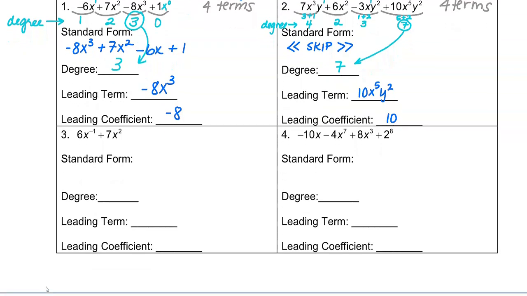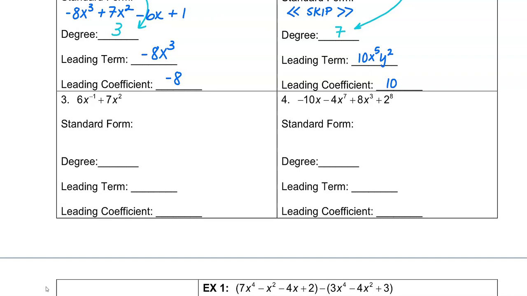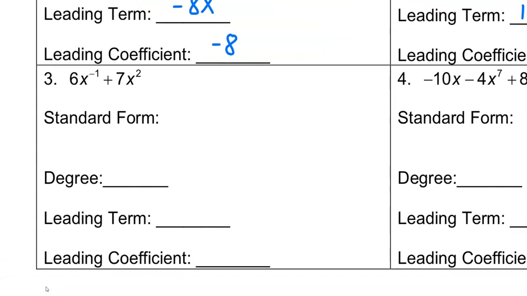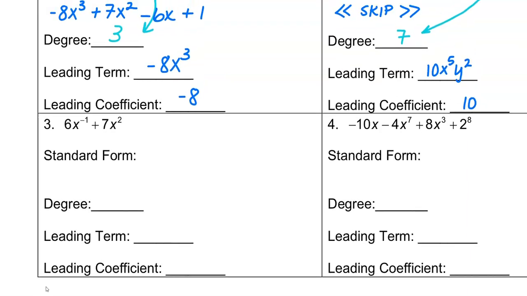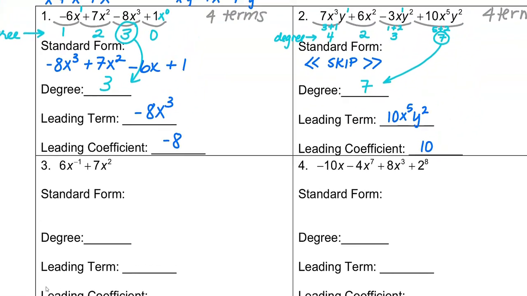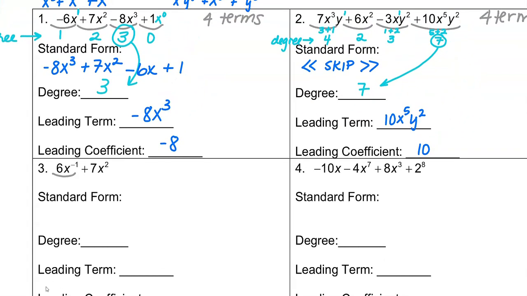How many terms do you see in number 3? So I'm going too fast here, aren't I? How many terms? 2 terms? 1, 2. Good job. 2 terms. Do you guys see any problem here? Can a polynomial have a negative exponent?